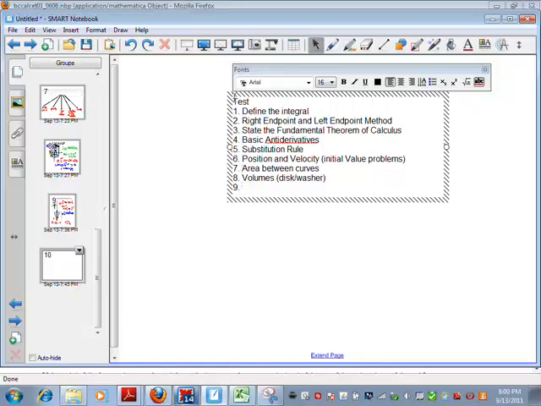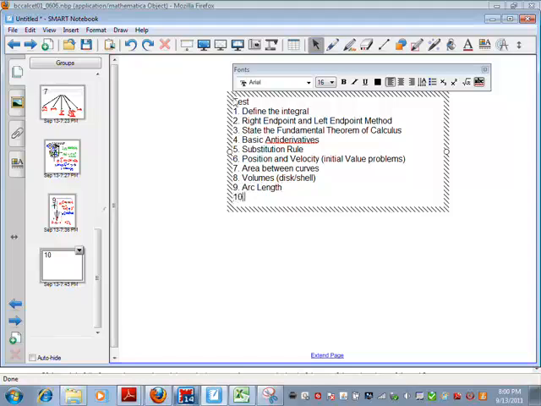Cylindrical and shell, they're the same. So disk and shell. The book was using shell, and I thought that was cylindrical. And then we did the arc length. And then it's physical applications: work and mass.